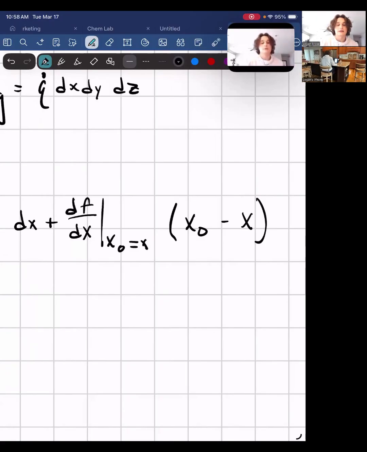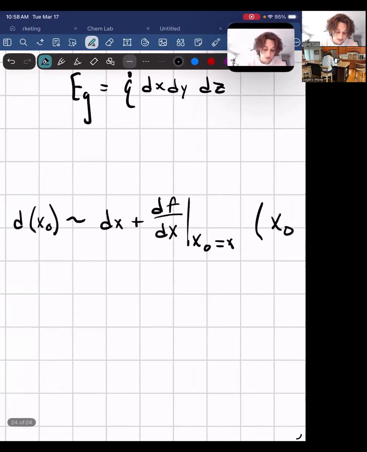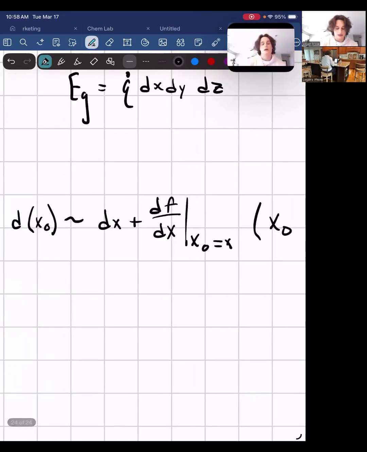So that's just going to be x naught minus x. And using this, we can then relate x naught to dx. And so what we're going to do with this is look for our change across our volume here.